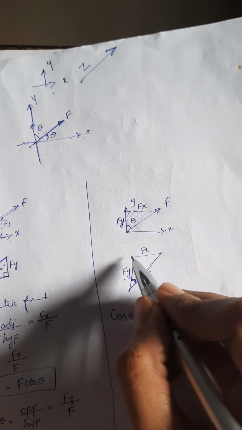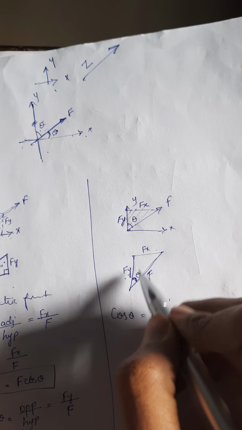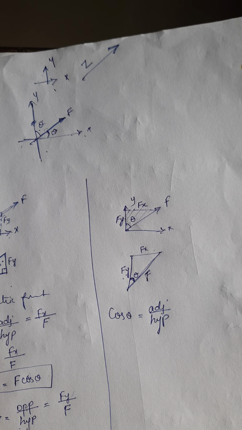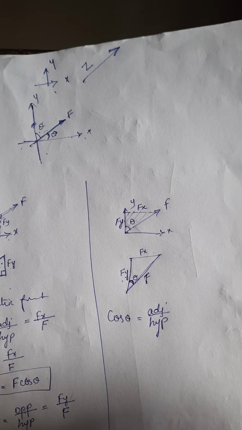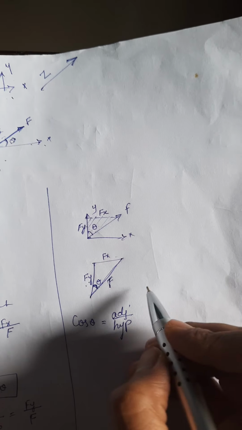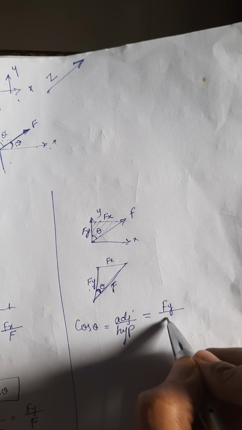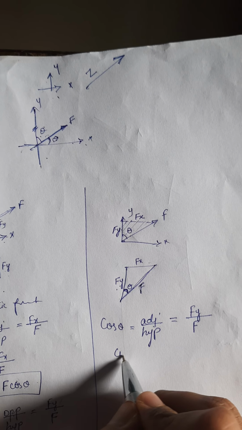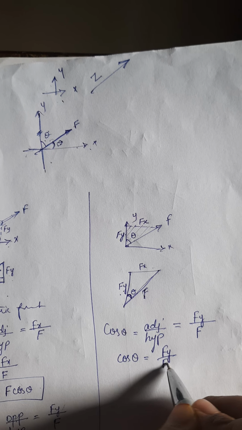It has to be the vertical or the horizontal. Here, with respect to the vertical axis, we have got the vertical side as the adjacent side. So adjacent side is F of y, hypotenuse is F, and therefore cos theta is equal to F of y by F.